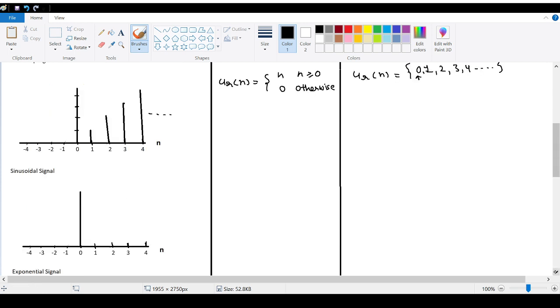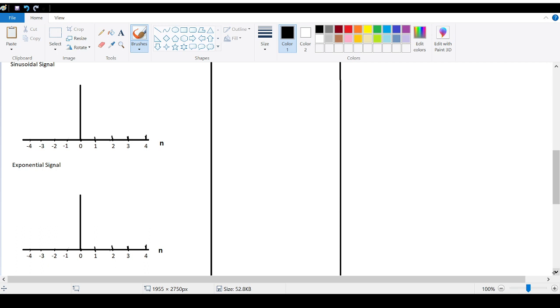Now coming to the next signal, which is a sinusoidal signal. So now here let us see the sinusoidal signal. Whenever we want to plot the graph for the sinusoidal signal, already you know the sinusoidal signal, so we can plot it in this way.